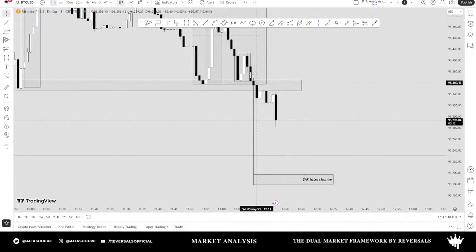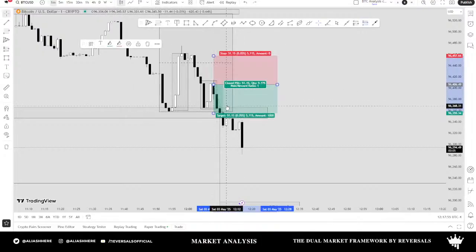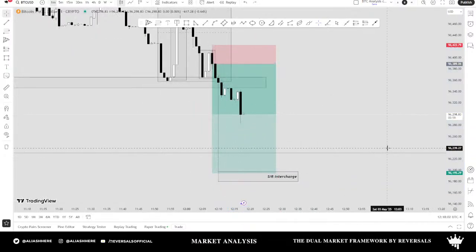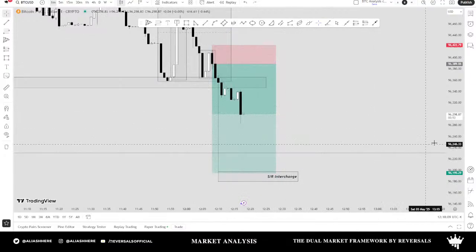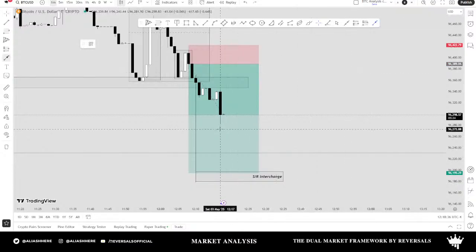Finally we have a big bar, good for us. There's pressure coming from here.